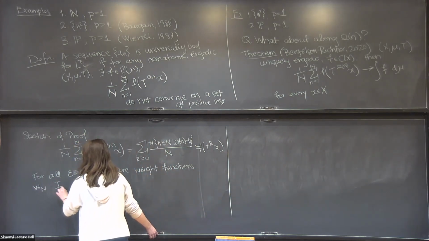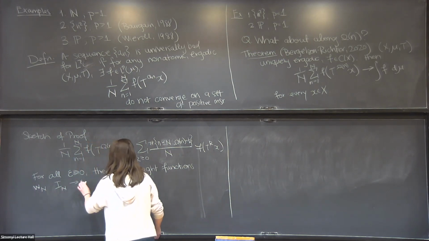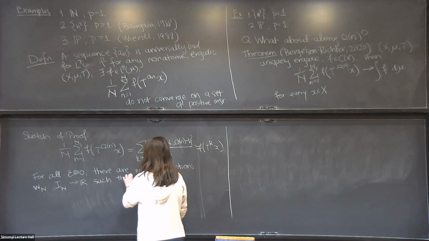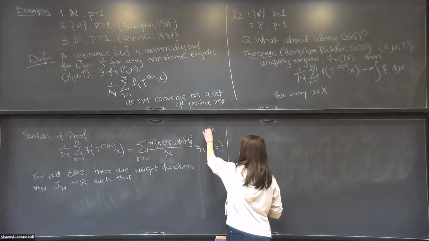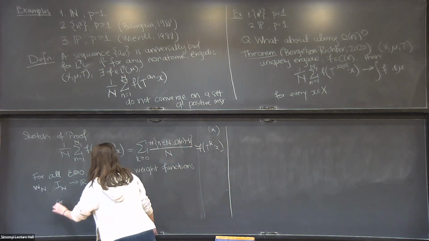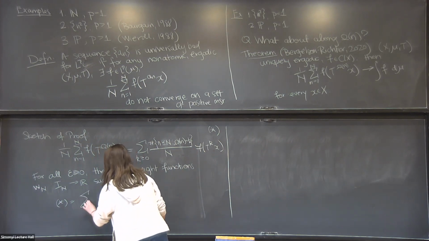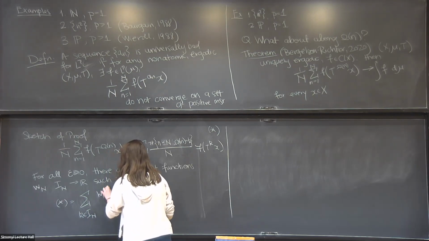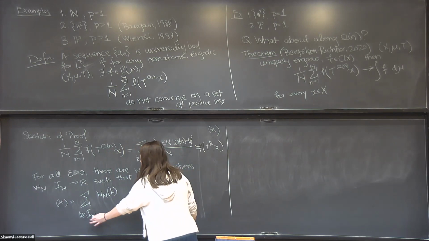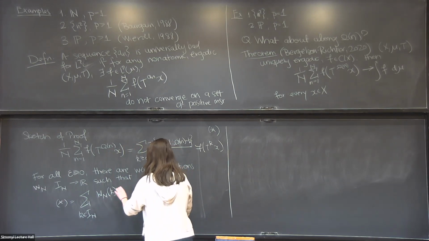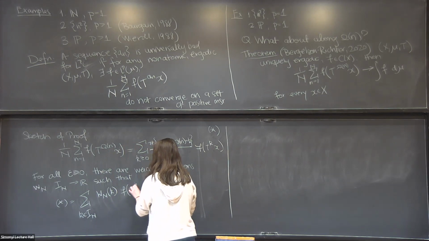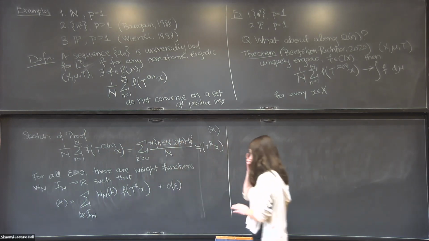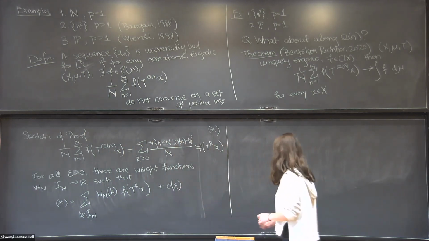They're going to be supported on large intervals I sub n such that, let's call this right hand side star, is equal to now the sum over this finite interval weighted by our functions W, up to some error that's like some constant times epsilon.